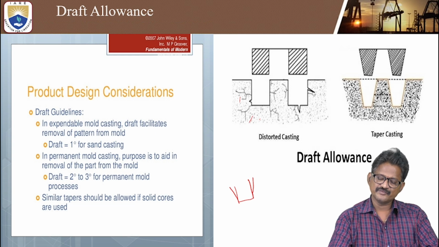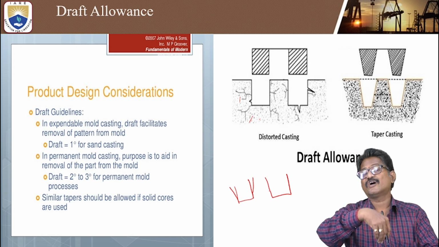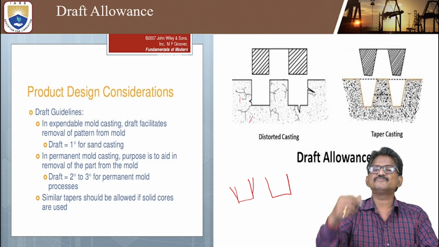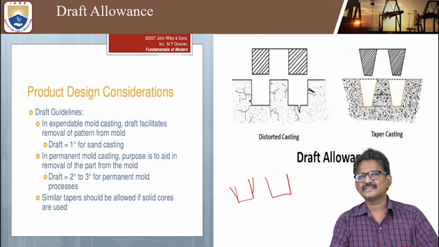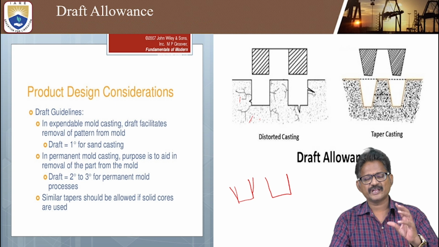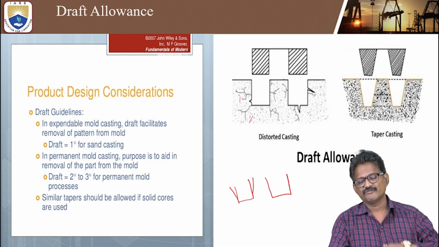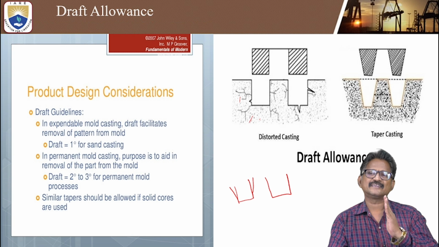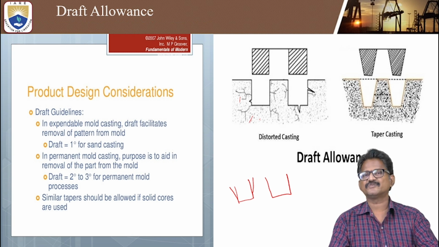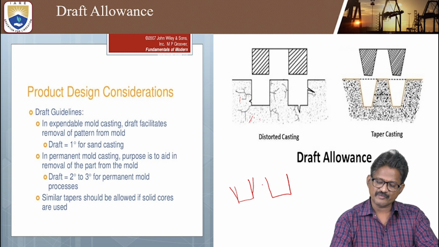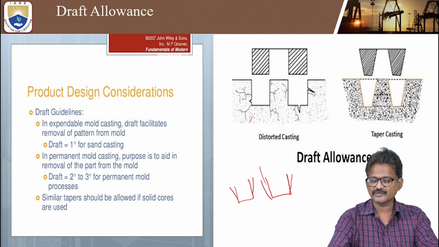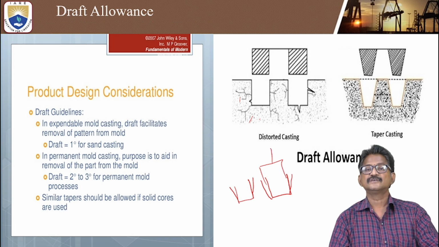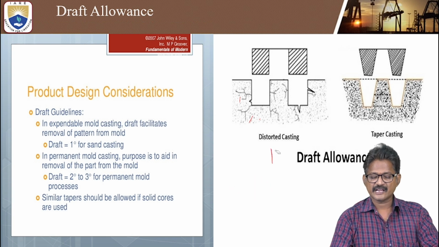If you provide a tapered form, the pattern can be removed easily, and the final poured molten metal casting can also be easily lifted with the help of a draft spike, etc. Wherever straight vertical patterns are there, you should provide some taper, so the component can be lifted easily. So this is the draft allowance.